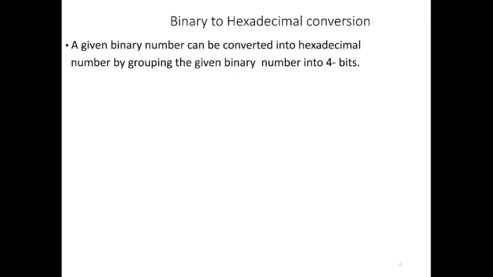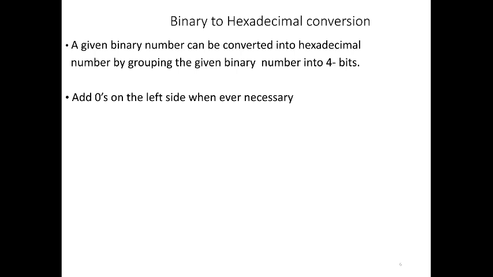See, a given binary number can be converted into a hexadecimal number by grouping the given binary number into 4 bits. So just make groups of 4 bits. Add zeros on the left side wherever necessary. Even in octal, we made 3 binary bits grouped together.